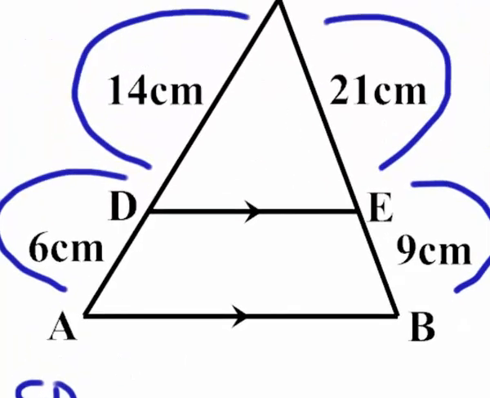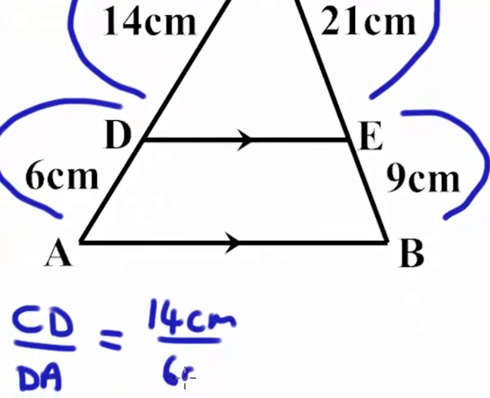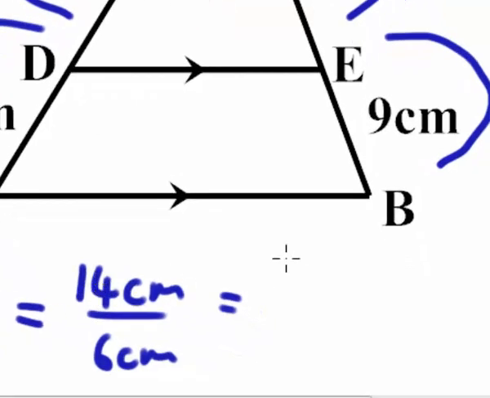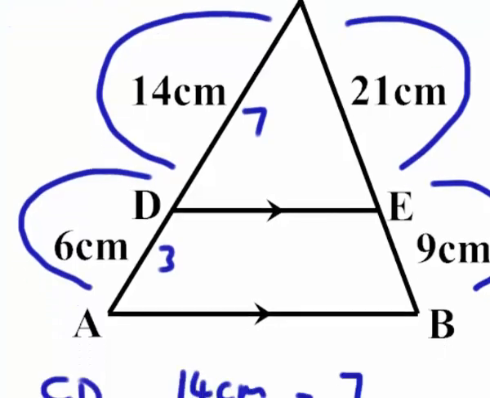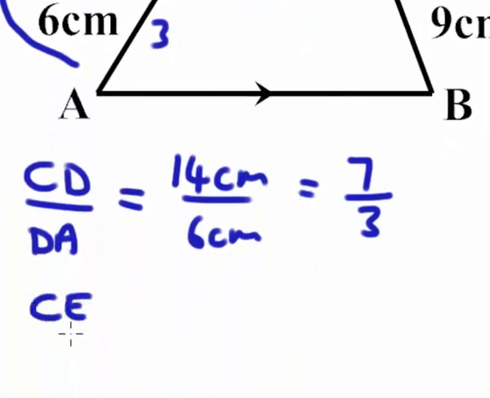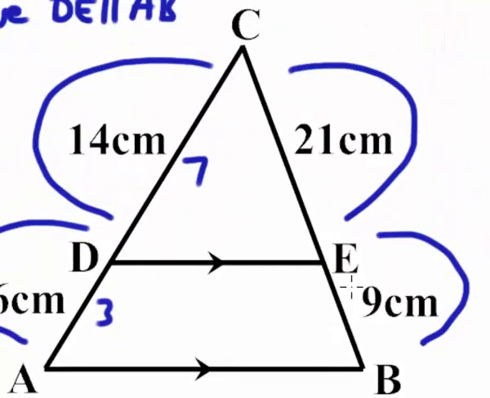CD is 14 centimeters, DA is 6 centimeters, and the centimeters cancel. 14 divided by 2 is 7, 6 divided by 2 is 3. In other words, you've got a ratio of 7 parts to 3 parts there. Now what about the ratio CE to EB? CE is 21 and EB is 9, so it's 21 over 9.